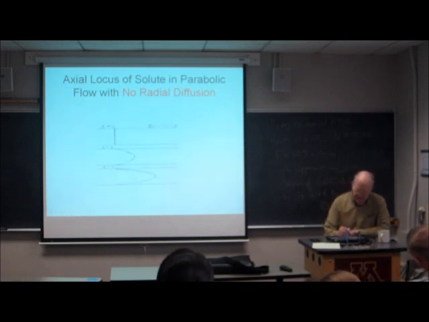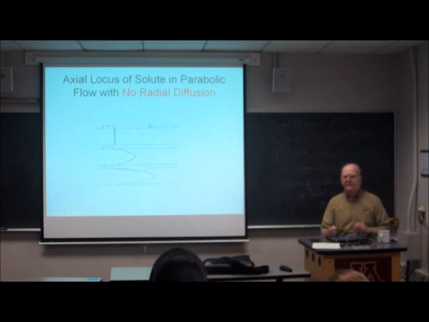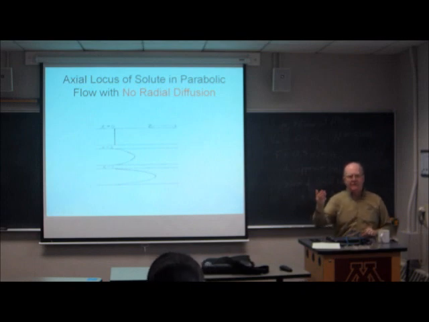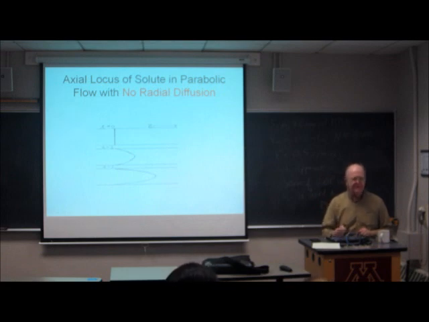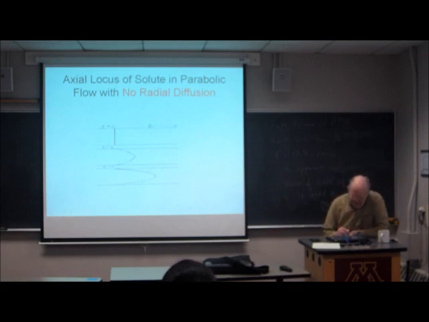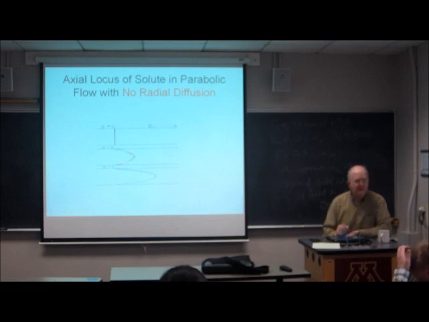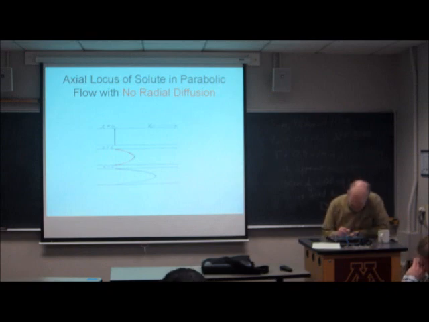If I have a bunch of molecules all lined up in a nice narrow zone at t equal to 0, and then I allow laminar flow to happen with the parabolic flow profile, this narrow zone, a short time later, will become greatly distorted. And it will plot up like that. So I now have molecules of solute spread from here to here.